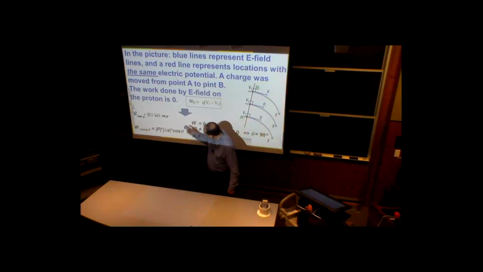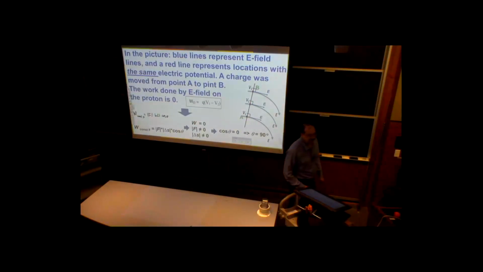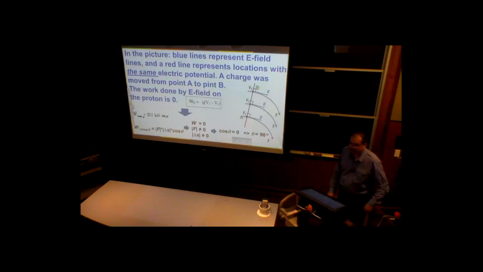So if the product is equal to zero, that only means one thing, at least one multiple must be equal to zero. If it's not the force, force equals charge times field. If it's not the displacement, that must be cosine. And cosine of which angle is equal to zero? 90. That is why equipotentials and electric field lines must be perpendicular to each other, no matter what.